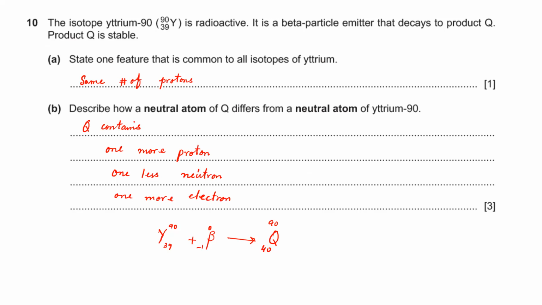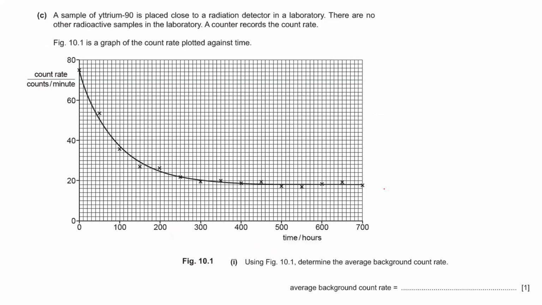So these are the three differences compared to yttrium 90. The neutral atom Q contains one more proton, one less neutron, and one more electron, and this can be seen from this equation as well.